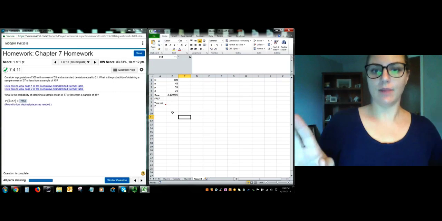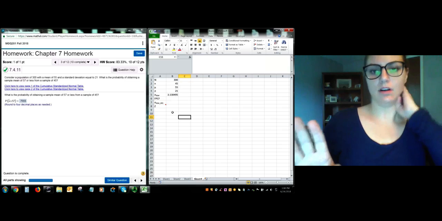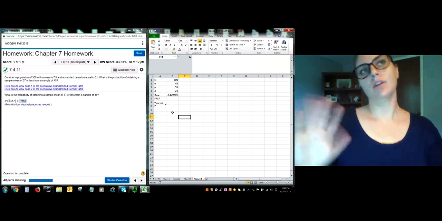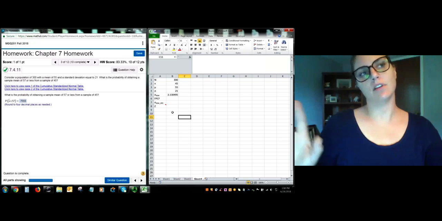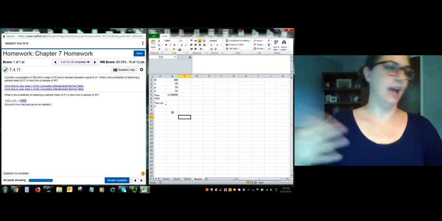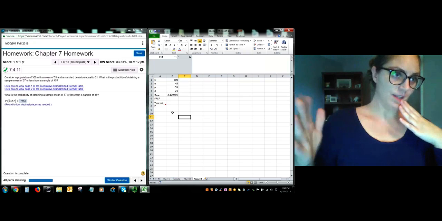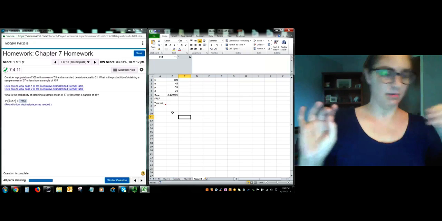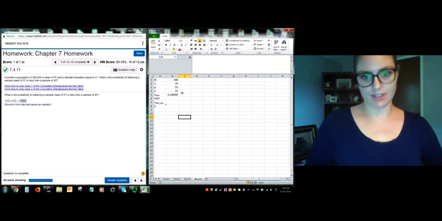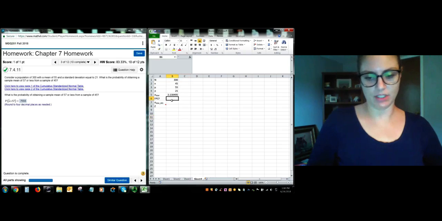Okay, so now I have my sigma x bar, which is the standard error. Recall, whenever I have a problem where I'm trying to figure out the probability of something happening, and I have the exact number of observations in the population, I have to adjust it for it being a finite population.